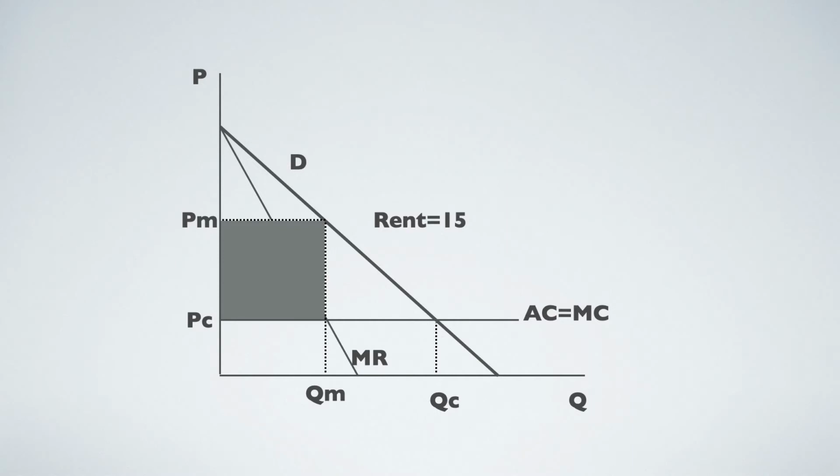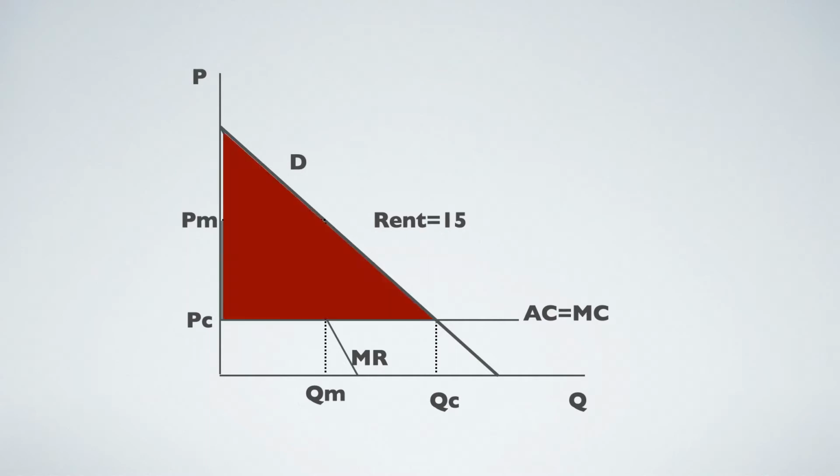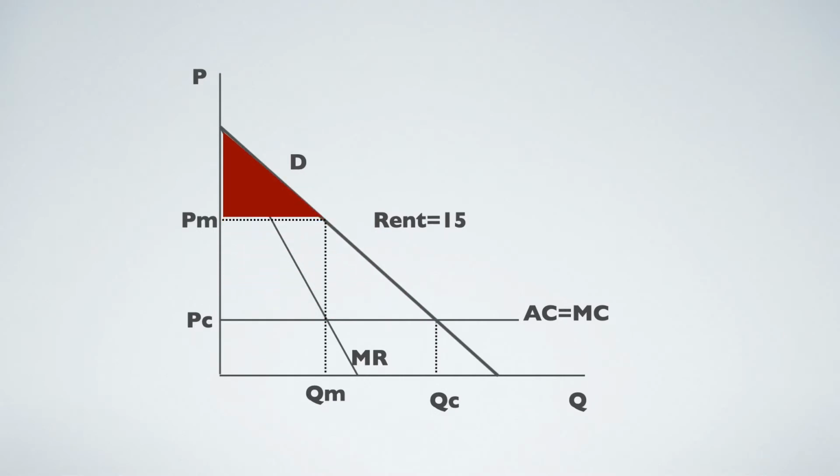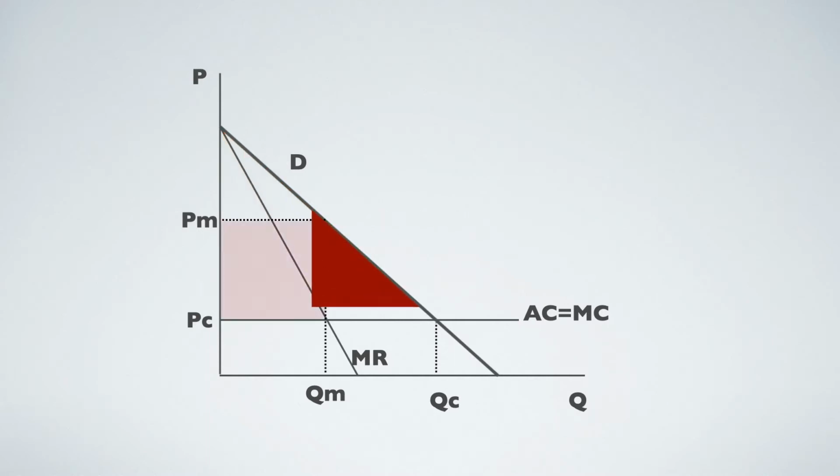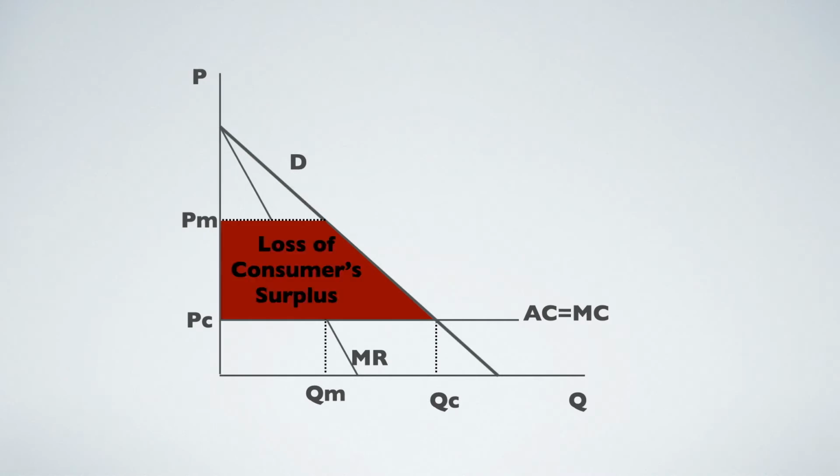The upper left corner above the PC line is called the consumer's surplus, and monopoly reduces such surplus to the one above the PM line. So the reduced surplus measures the damage caused by monopoly.